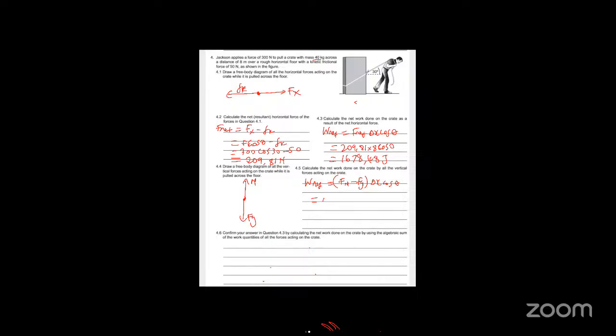So our Fn in this case is what? It is not just mg, but it's mg minus Fy.